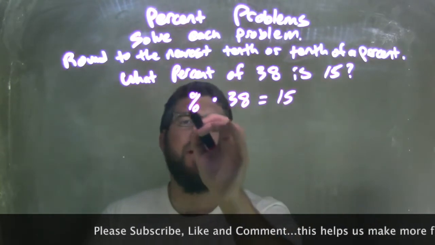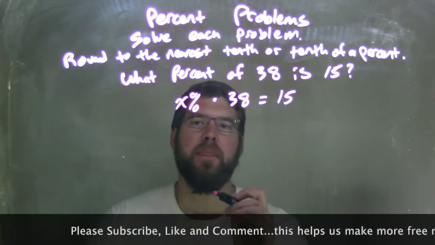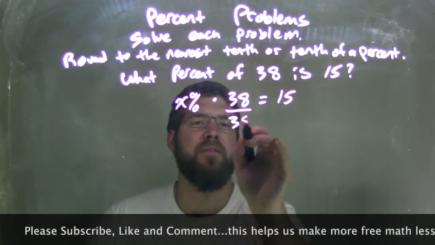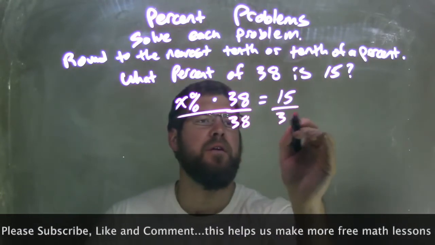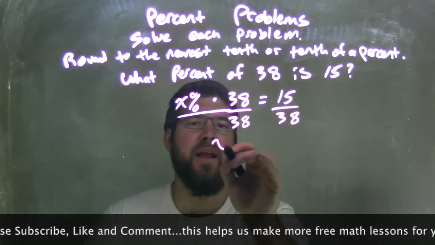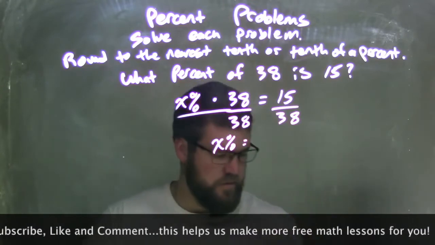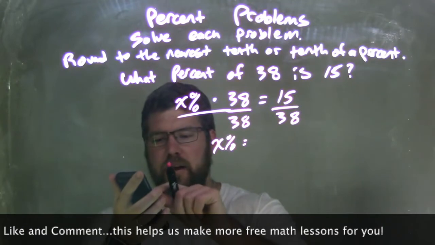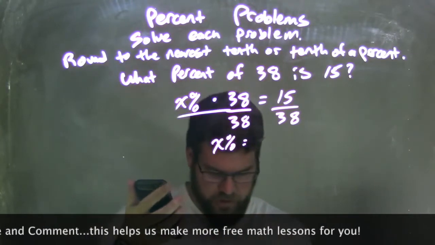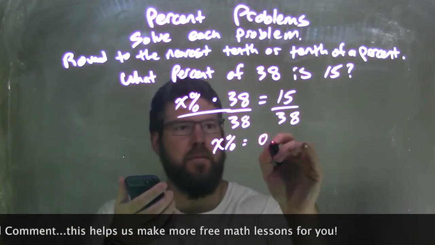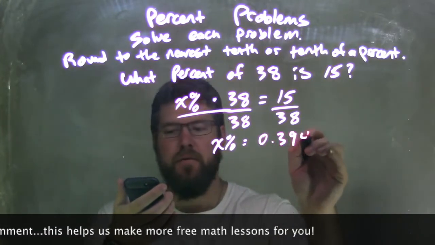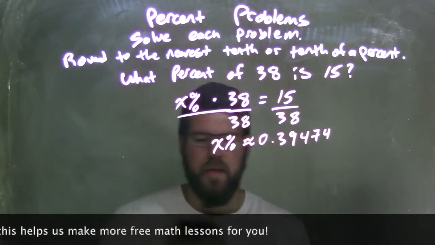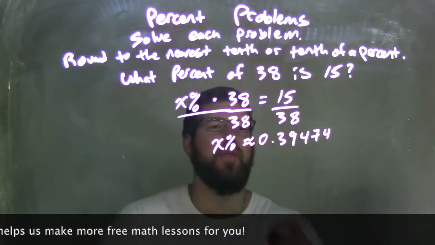Well, if I'm going to solve that, it's like a variable, like an x percent there, right? What percent? I have to divide by 38 to both sides, right? Because there's multiplication here, to get x percent by itself. So that x percent by itself, I need to find what it's equal to. Well, I use my calculator here. 15 divided by 38 comes out to be 0.39474. That's rounded. But that's not a percent, that's my decimal. I need to convert that to a percent.